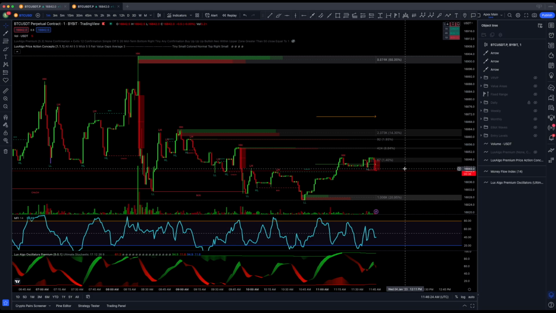So if the price of Bitcoin goes up, like on spot, where you'll have got one to one of your Bitcoin, if the price of Bitcoin goes from 16,500 to 16,600, you've made $100.